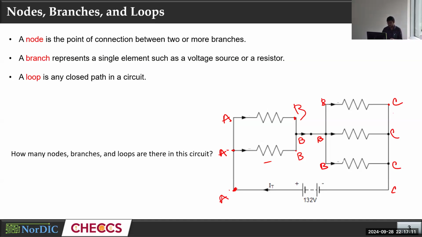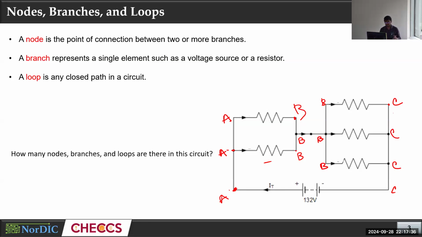Like the case here, where both resistors are between A and B. These two resistors can have different values, but when current flows, you will calculate the equivalent resistance. You can convert two resistors connected in parallel into one by using the formula 1 over R equals 1 over R1 plus 1 over R2. These two can be different, or they can be the same.